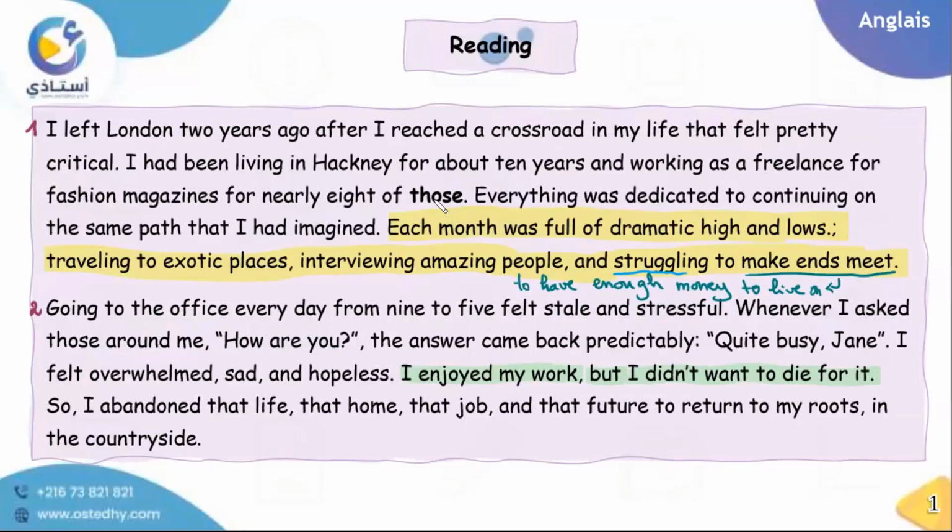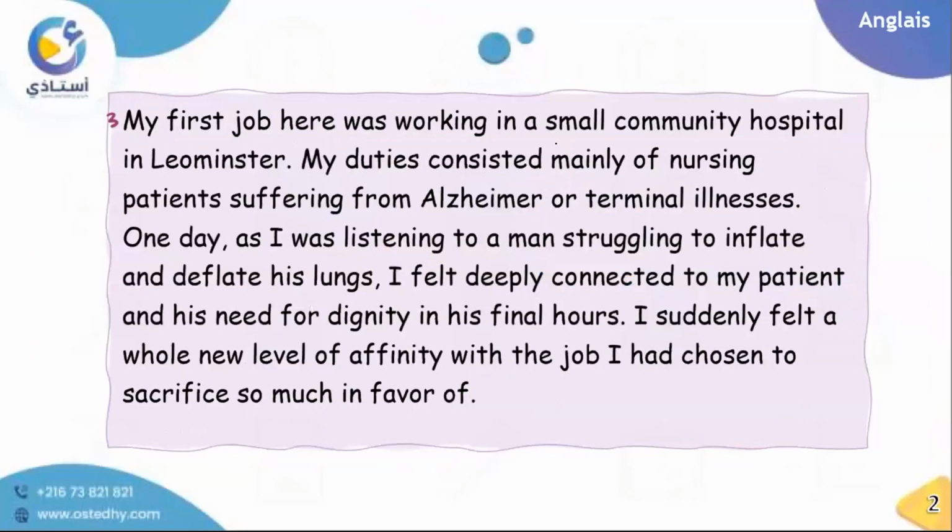So what is those? Eight of those. 8 of what? 8 of those 10 years. All right. 8 of those 10 years. What does those refer to? The 10 years. Which 10 years?